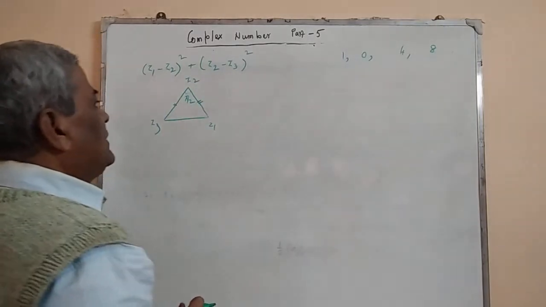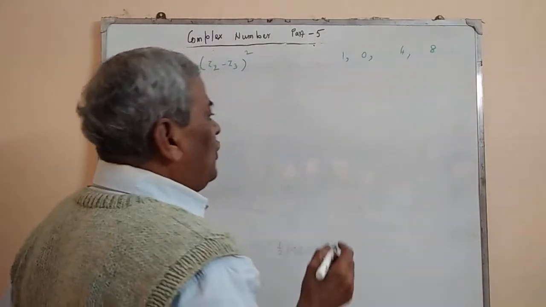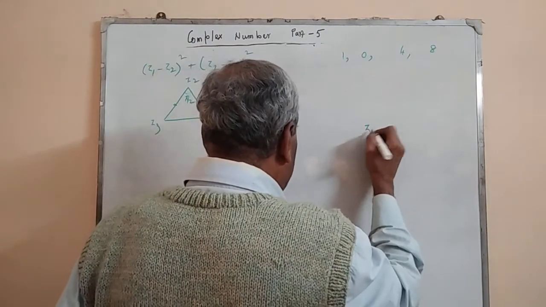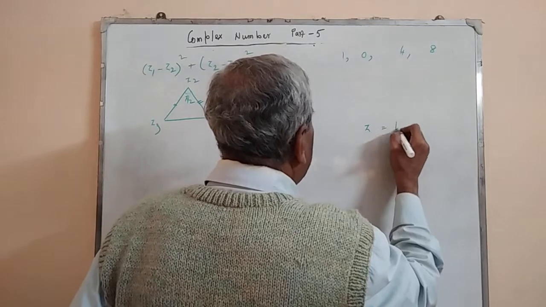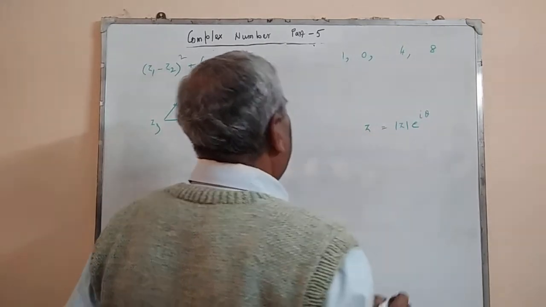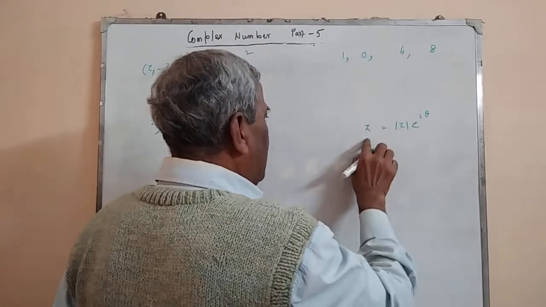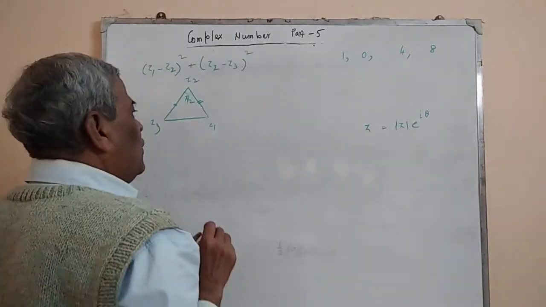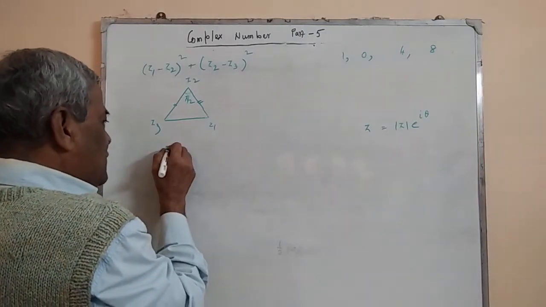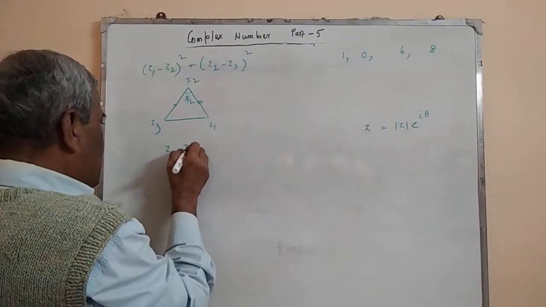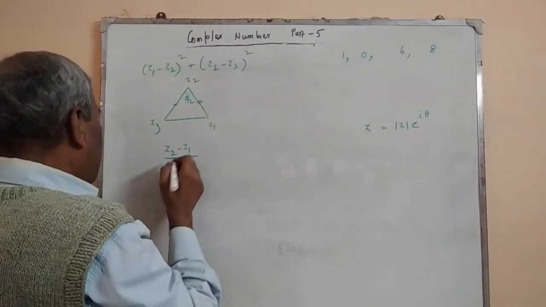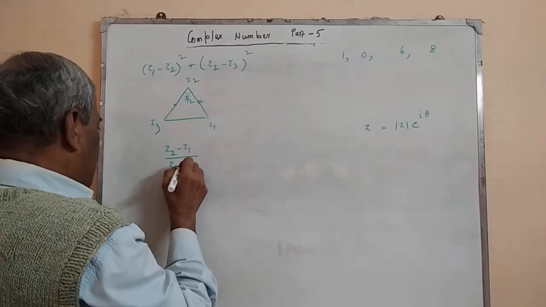Now we know that for any complex number z, z is equal to mod z into e to the power I theta, where theta is the argument of z. Now consider the complex number (z2 minus z1) by (z2 minus z3).